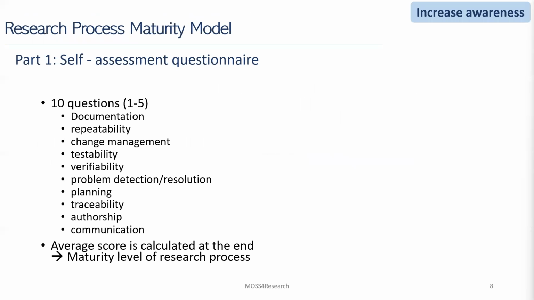I will give you some more details now on this model. The first part, again, is a self-assessment questionnaire that covers things like how well research activities are documented, if the process is easy to repeat by team members and others, if changes in the process are documented, if the process is testable and verifiable, if there is a formal process to document the detection and the resolution of problems for future consideration, if research activities are generally planned, if project history is documented and can be retrieved, if authorship or ownership, another important point, of activities or communication between collaborators are recorded and maintained.